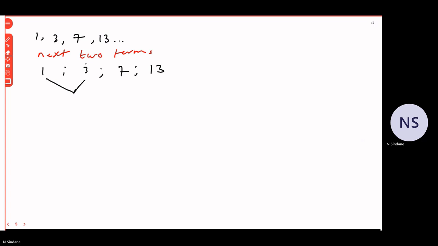T3 minus T2, I'm getting 4. T4 minus T3, I'm getting 6. Can you see? This is a linear pattern. 2, 4, 6, 8, 10, 12, 14. That is linear, right? This is my D1. I can now calculate my D2.